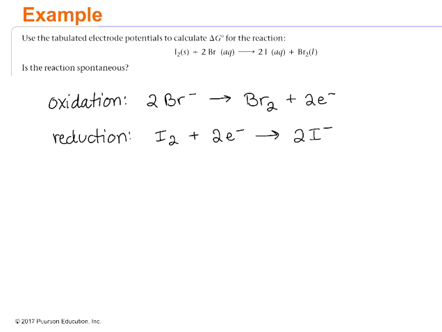Does oxidation occur at the cathode or the anode? The anode. And does reduction occur at the cathode or the anode? The cathode. It's the only one left. Let's look up these E values for the bromine half reaction and the iodine half reaction. If you want to pause the video and do that, you can.